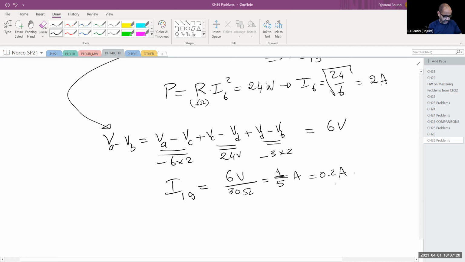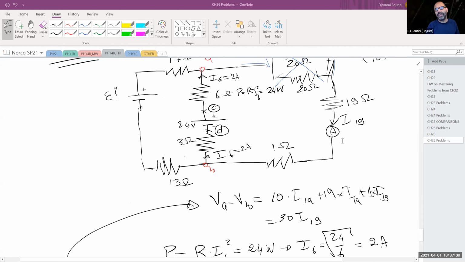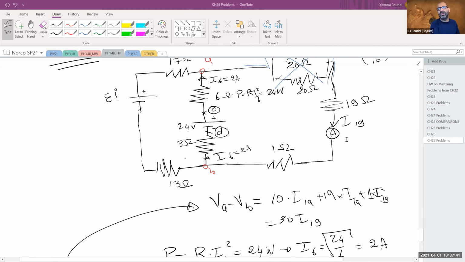Correct? 6 over 30. Yeah, it's 0.2 amps. Some points in the day you start losing touch with the numbers. So that's how much current is going through this one, and this is the reading of this one. So this is the answer to the question. How much reading is it? It's going to be 0.2 amps.